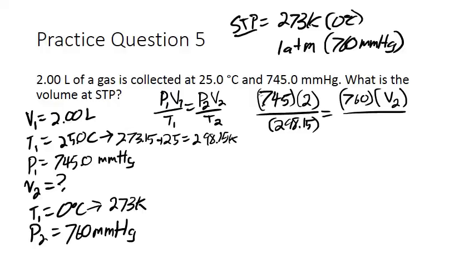And T2 is 273 Kelvin. So here you just solve for V2, and you see something close to 1.795, which will just turn into 1.80. And again, we're sticking with the same units that they started with, so since they use liters, we'll keep it in liters. So that's your answer for V2. I hope this was helpful in practicing gas laws.